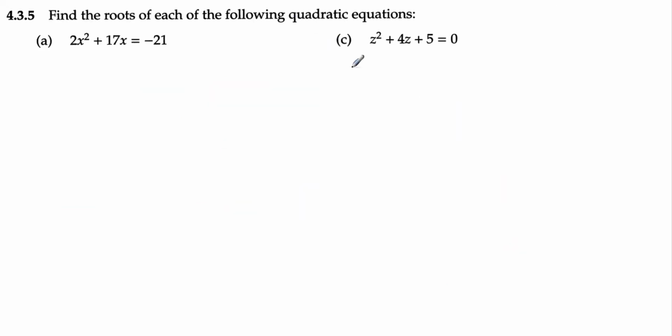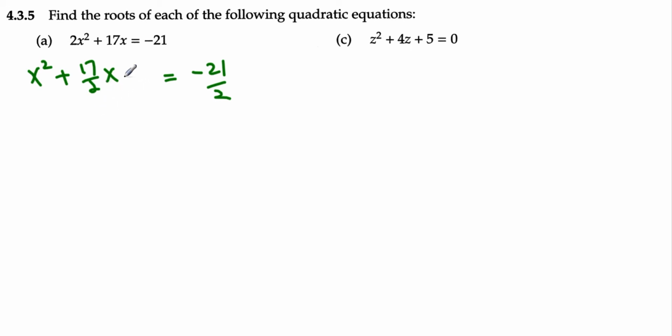Find the root of each of the following quadratic equations. So here what I'm going to do is divide by 2 first. Why not? We get x squared plus 17 over 2 x is equal to negative 21 over 2. Now, obviously I'm going to divide this by 2 and then square that.